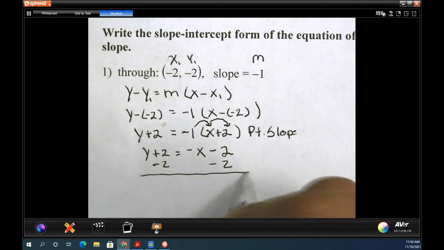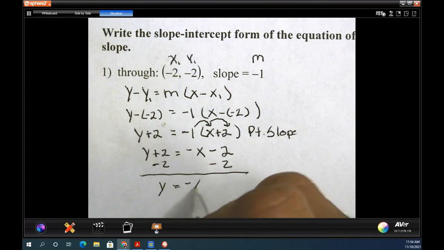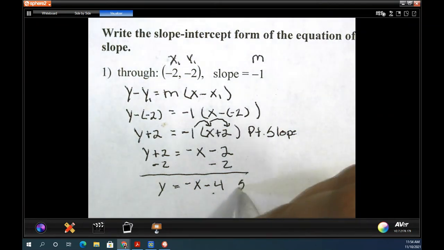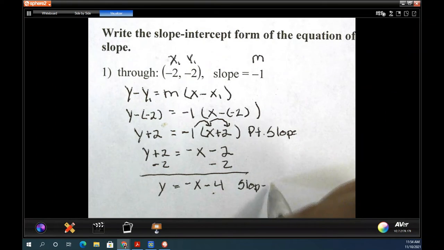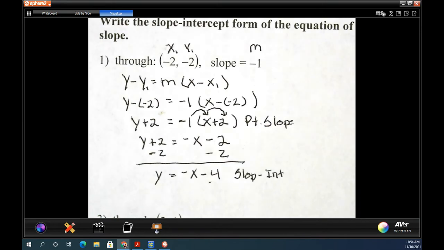Use your calculator if you have to. So now we have y equals negative x minus 4. Negative 2 minus 2 is negative 4. So now we're in slope intercept form. 2 forms. I don't know which one it's going to ask you. You just have to read the directions.